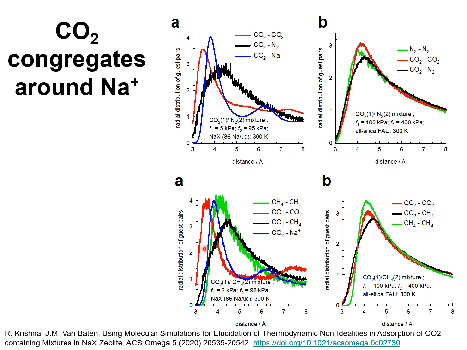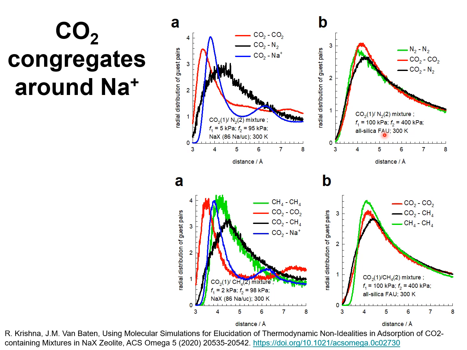In order to drive home this point, we also carried out simulations for CO2 nitrogen mixtures and CO2 methane mixtures in a Faujasite with a silicon to aluminum ratio of infinity. In other words, no aluminum atoms and no extra framework cations.